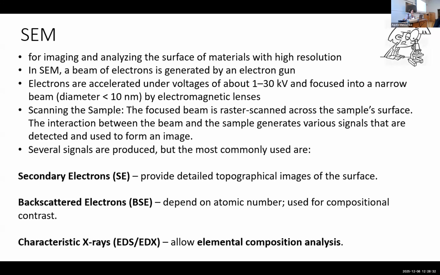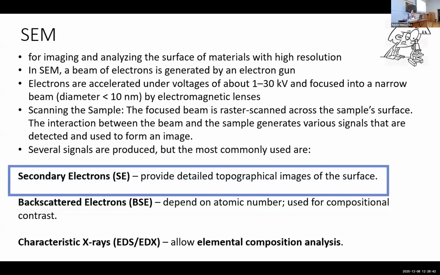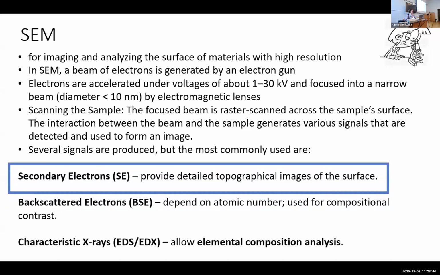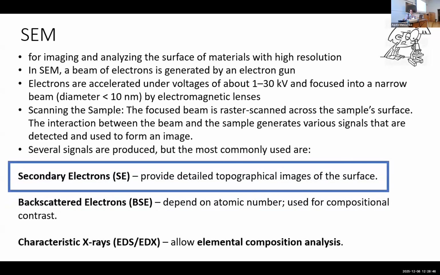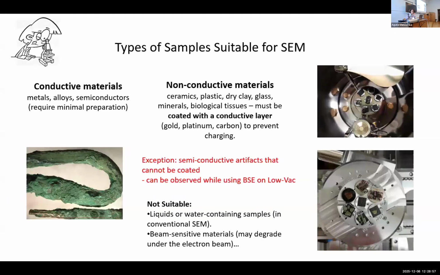So in my presentation, I will focus on those two because these are the most useful for the imprints that we would like to see. But for these studies, as far as I understood, for the imprints, I think the SE images are the most useful ones, and I will present why.